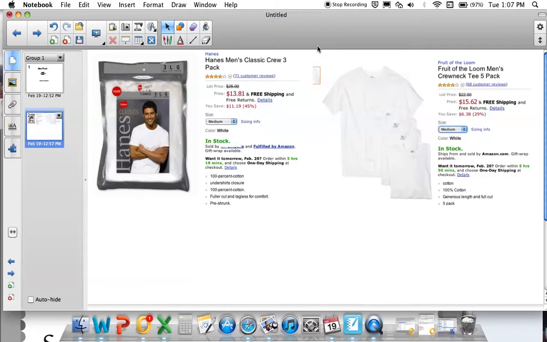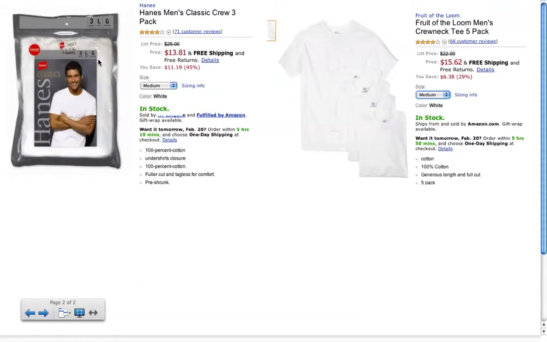Well, let's talk about unit price. It's the price per one shirt. Okay, so let's do that. I'm going to blow this one up. Full screen. Okay, so it says that it's $13.81 for a pack of 3. I'm going to find the unit price for Hanes first. So it's $13.81.